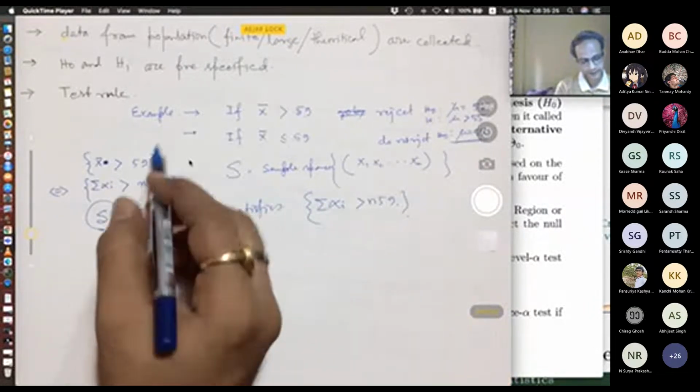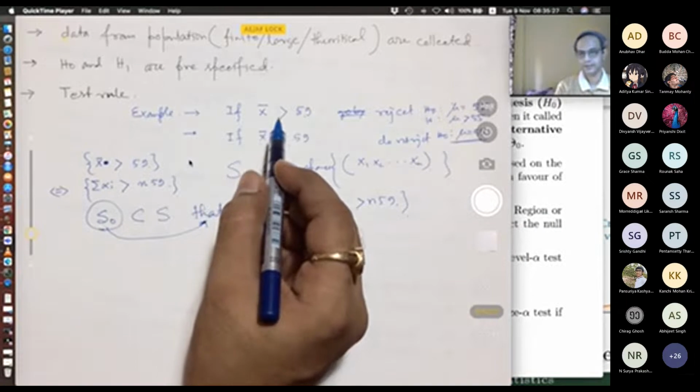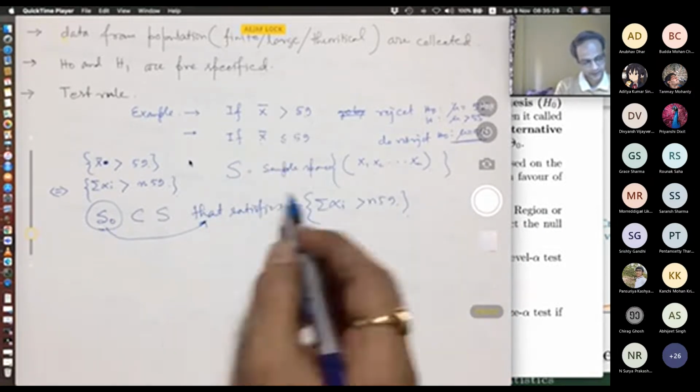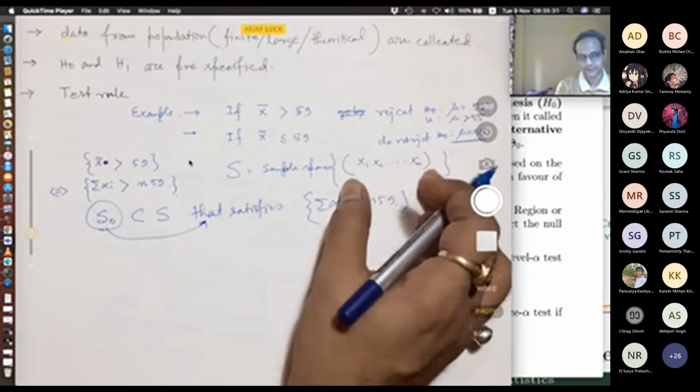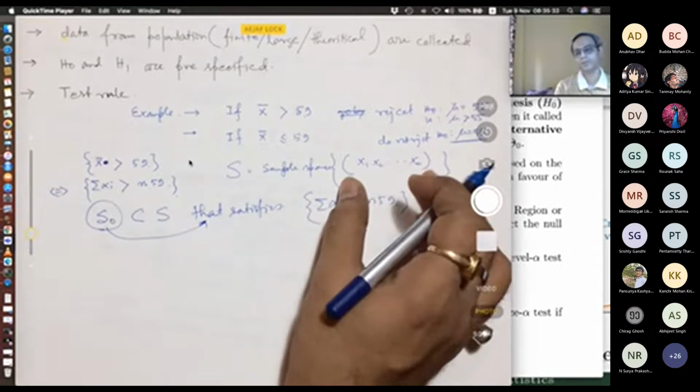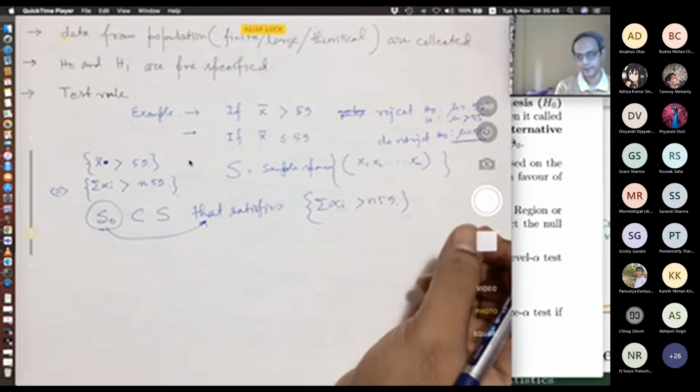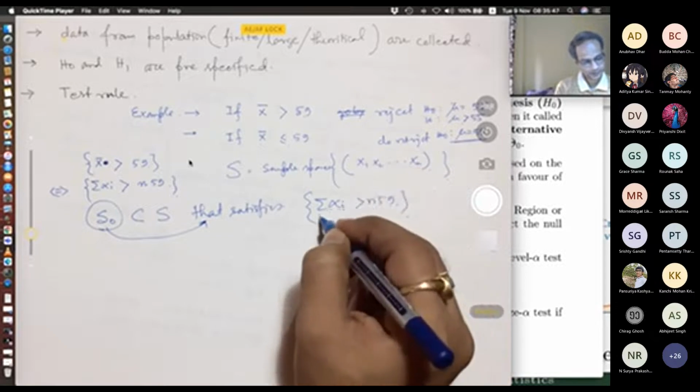No, n is the sample size. S is the sample space of all possible values of x1, x2, ..., xn. Yes, sir, but in the last you wrote S naught, which is a subset of S that satisfies the summation of xi greater than n into 59.